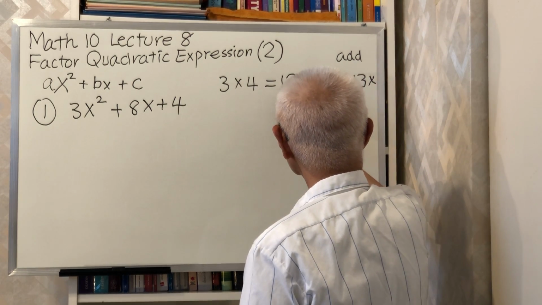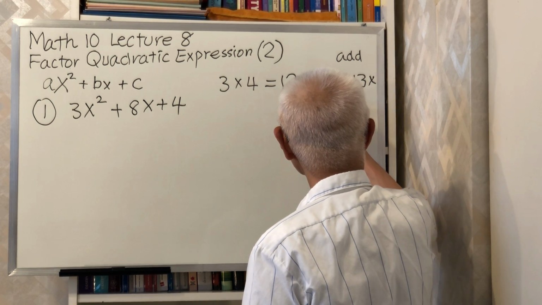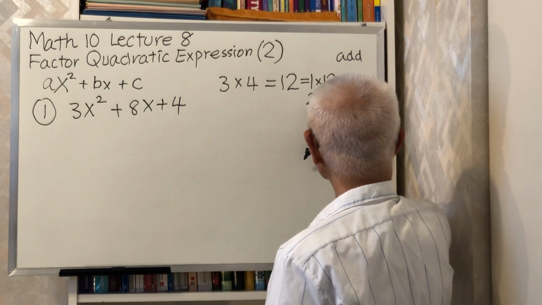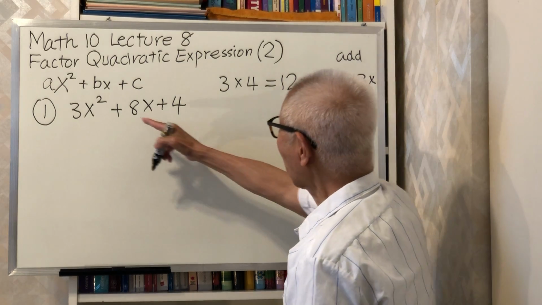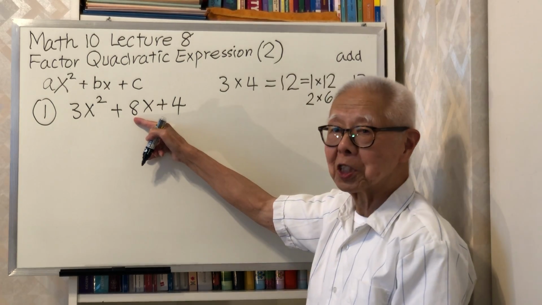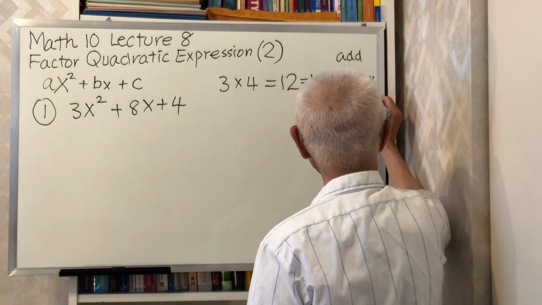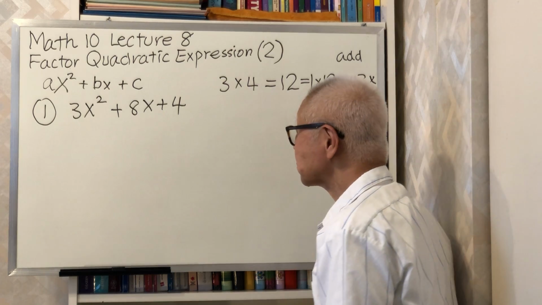So this is not what I want. So the next 12 is 2 times 6. I add, so 2 plus 6 is 8. My middle term is 8. Therefore, this is the right thing I want. So I want 2 and 6.